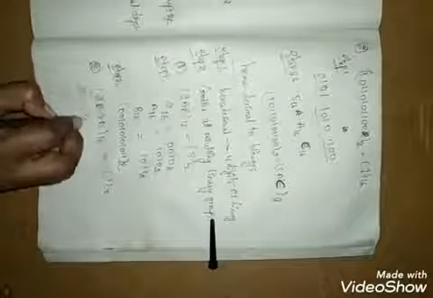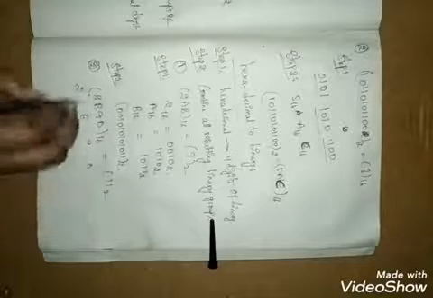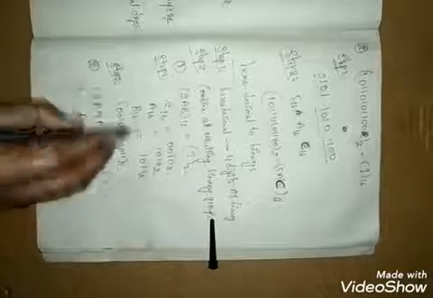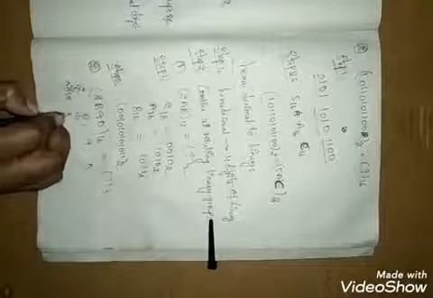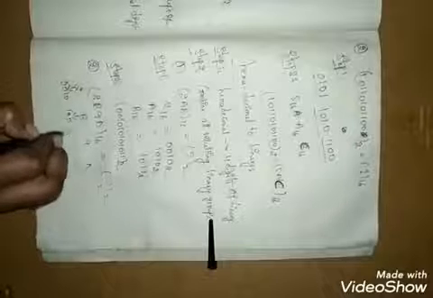2 means 0010. B means 1011. 9 means here we get 1001.